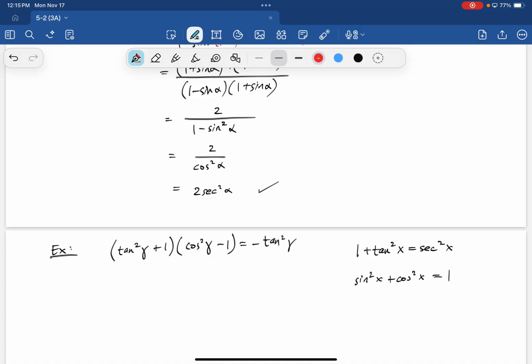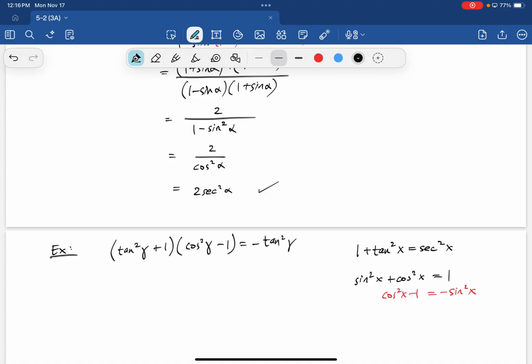If we manipulate that second equation, cosine squared minus 1 equals minus sine squared, moving the 1 to the left side and sine squared to the right side. Got it?